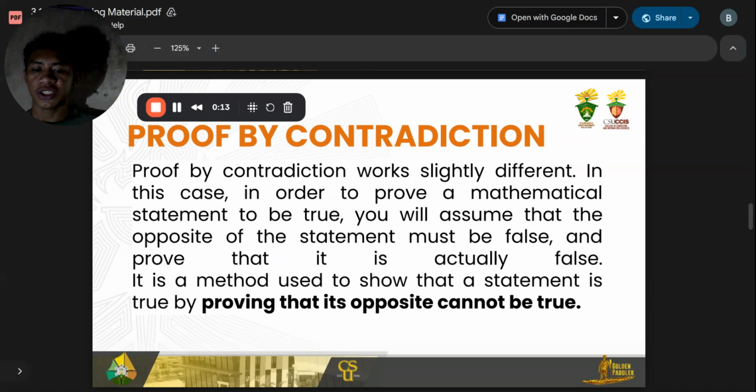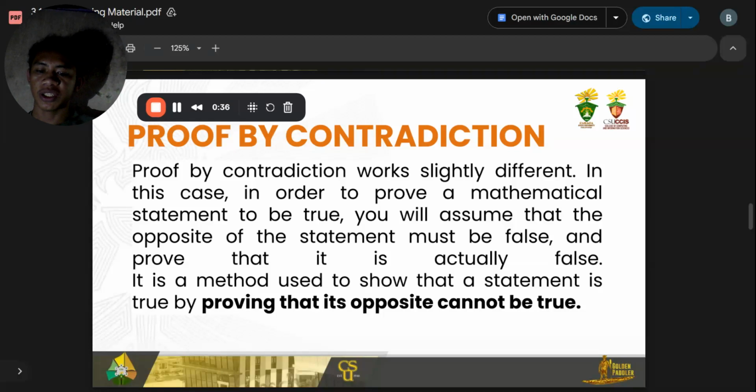Proof by contraposition makes use of the fact that the conditional statement P implies Q is logically equivalent to its contrapositive, not Q implies not P. When you want to prove if P then Q, sometimes it's easier to prove the contrapositive instead.